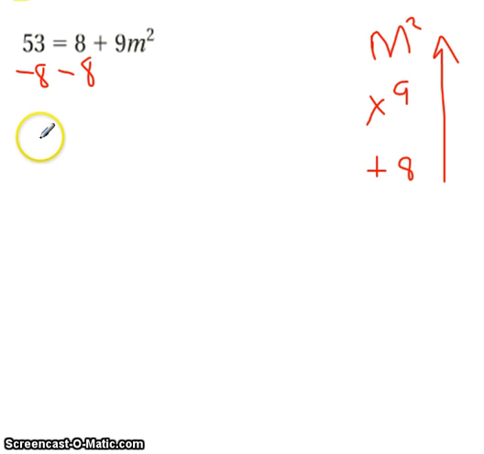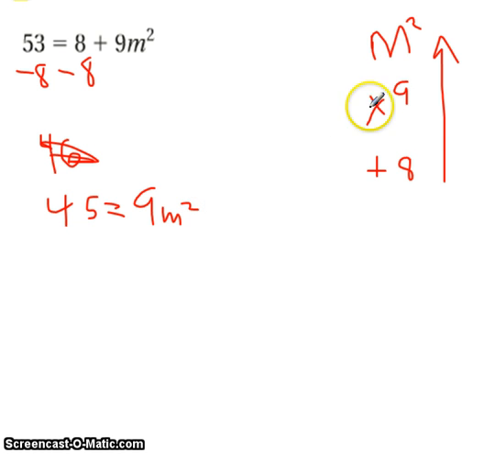53 minus 8 is 46. Sorry, 45. So 45 is the same as 9m squared. And looking at my list of operators here, to undo the times 9, I have to divide by 9.